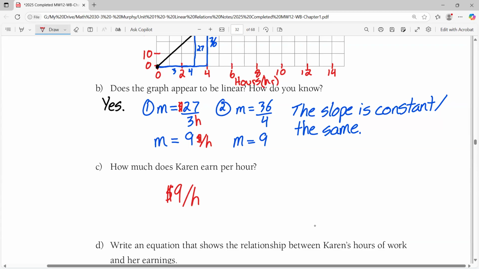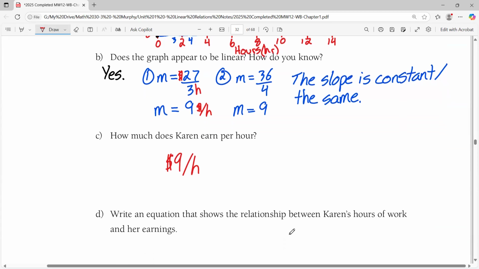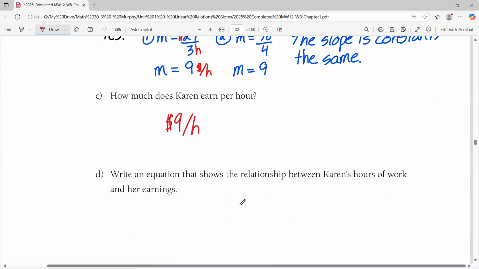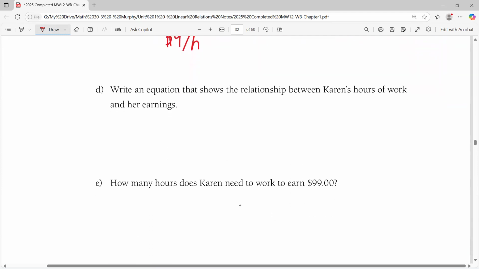Now D, write an equation that shows the relationship between Karen's hours of work and her earnings. Okay. So we're going to start here. Y equals mx. We know the slope is 9. Now let's replace y and x with words.